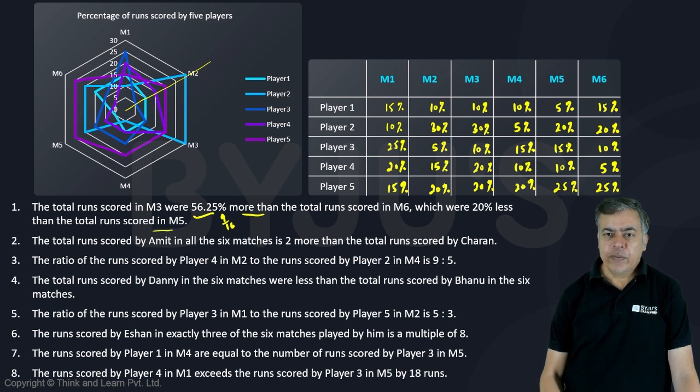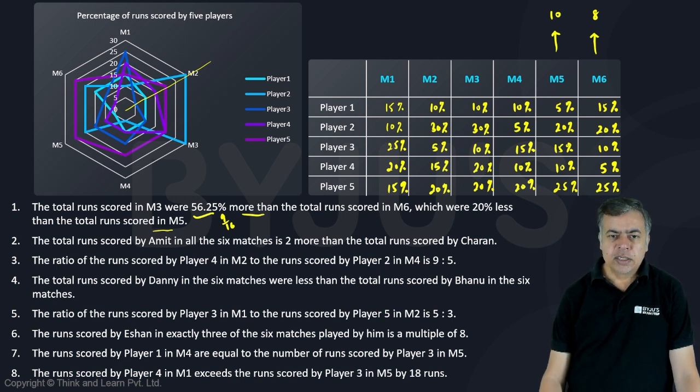If the M5 total is 10, 20% less means M6 will become 8.